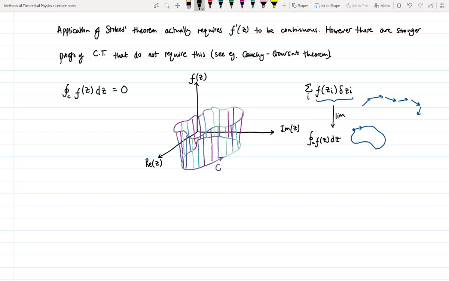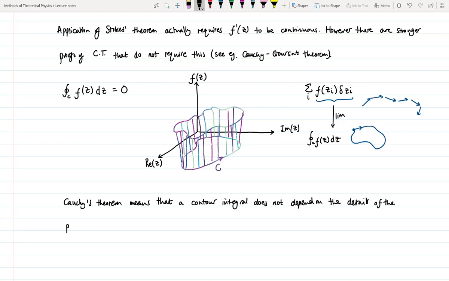What else does Cauchy's theorem tell us? Another very important point. Cauchy's theorem means that a contour integral does not depend on the details of the path taken when the integrand is analytic.